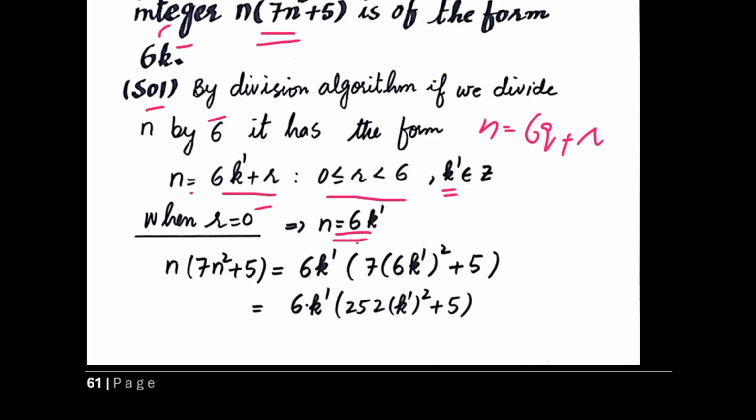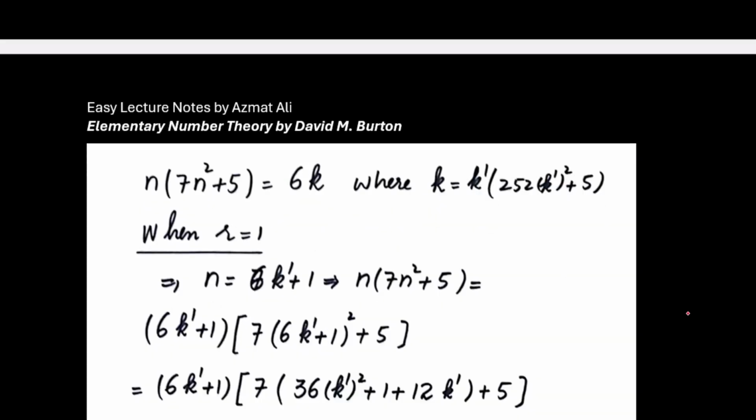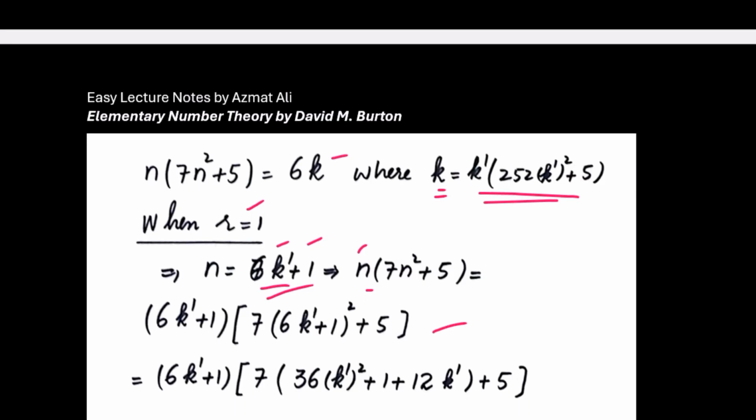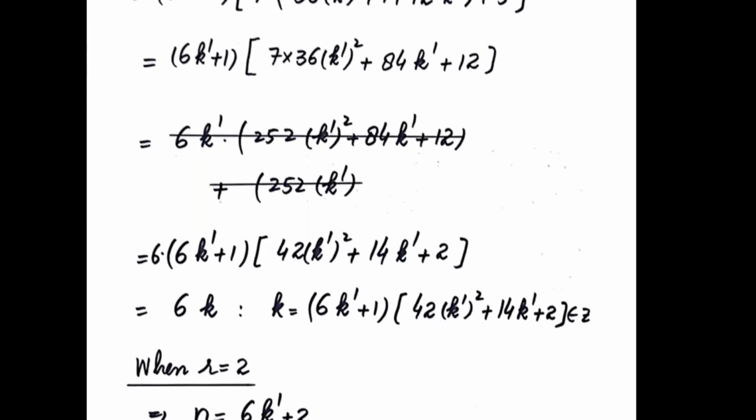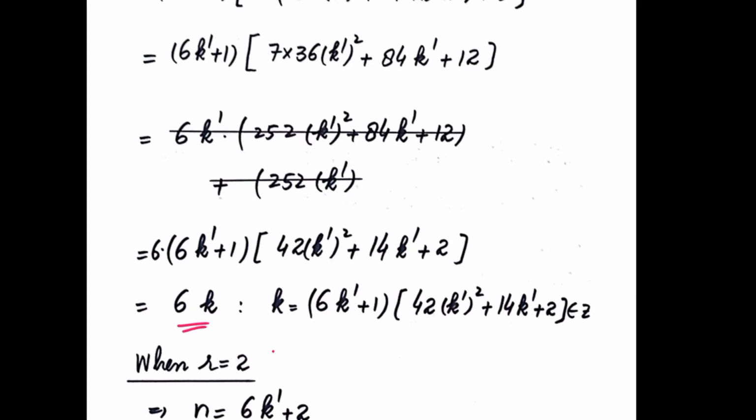By putting different values of r, we have different values of n. The first value of n is 6k dash. Putting n equal to 6k dash here, I have 6 into (k dash plus 2)(5k dash square plus 5), and after some calculation, by setting this number equal to k, we have 6k. Similarly, when r is equal to 1, n is equal to 6k dash plus 1. By putting n equal to 6k dash plus 1, and after some calculation, I have again the 6k form.